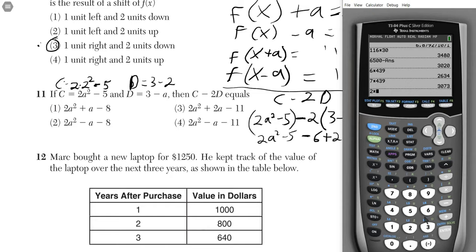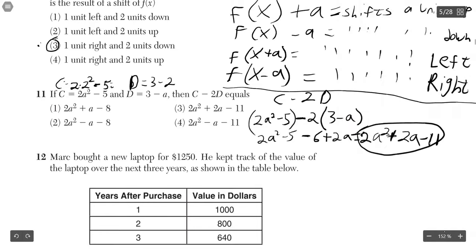I'll just put it in the calculator anyways. Minus 5 is going to come out to 3. So if a is 2, c will be 3, and d will be 1.